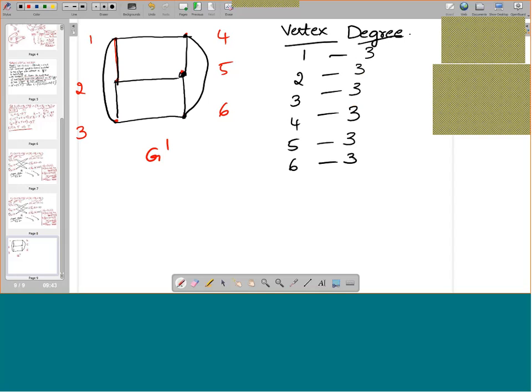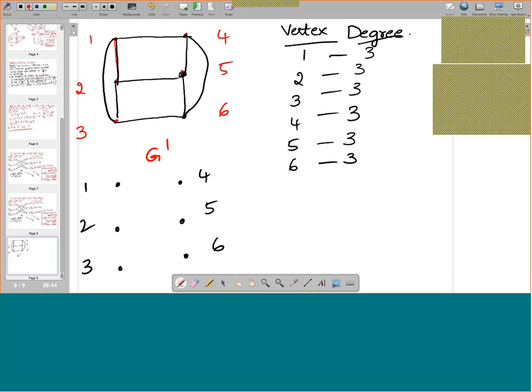So now we need to find the cover size. Every vertex has the same degree, so you can start with any vertex.